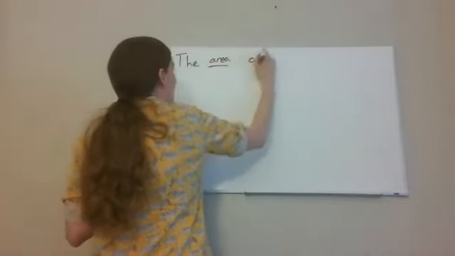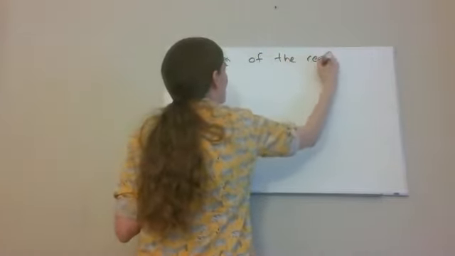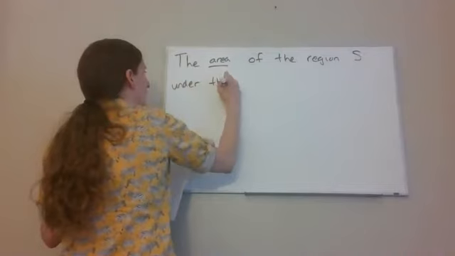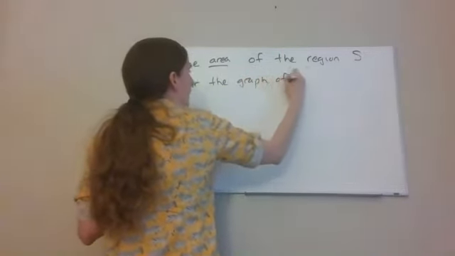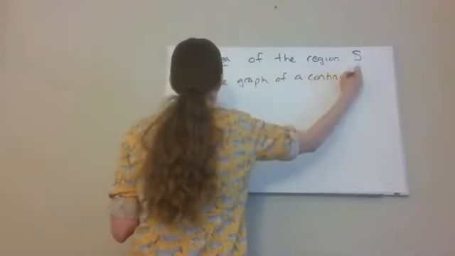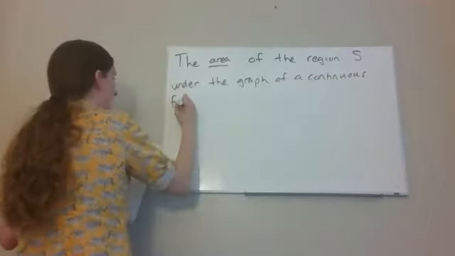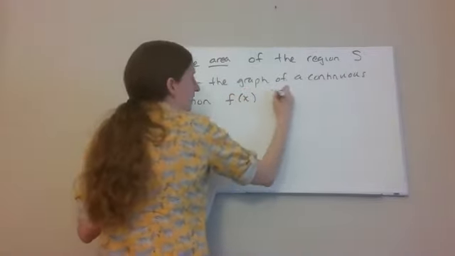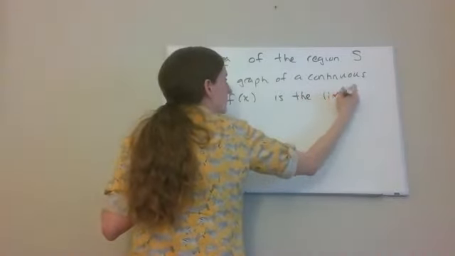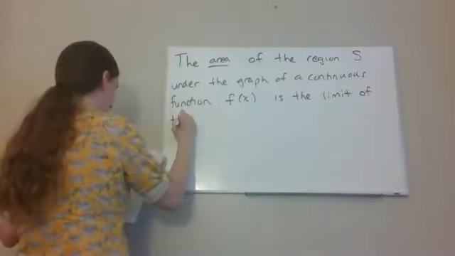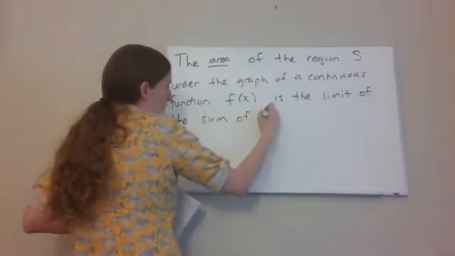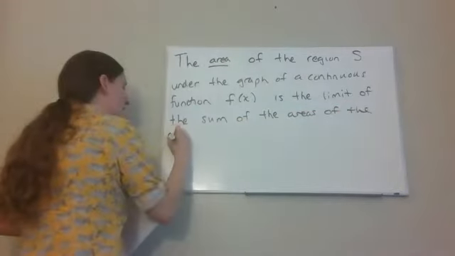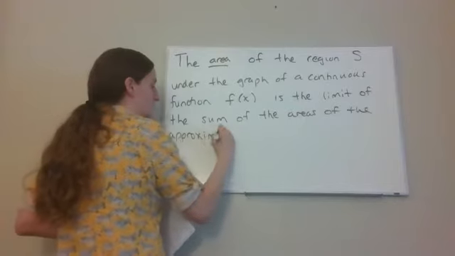The area of the region S under the graph of a continuous function f is the limit of the sum of the areas of the approximating rectangles.